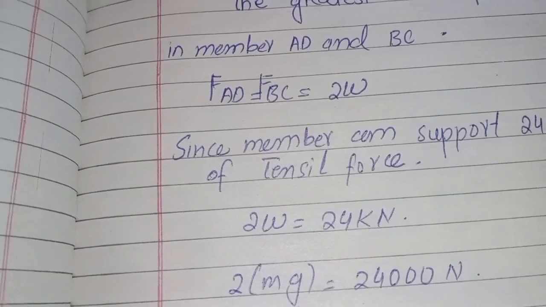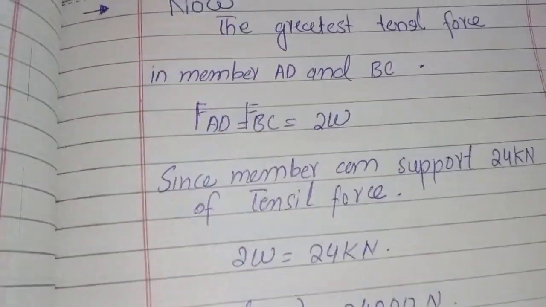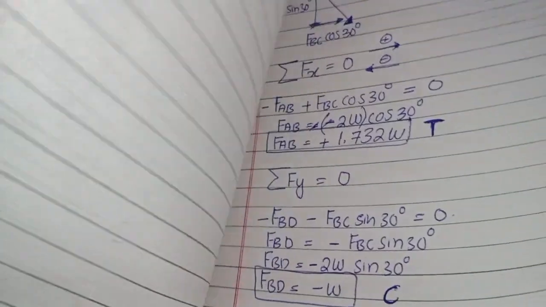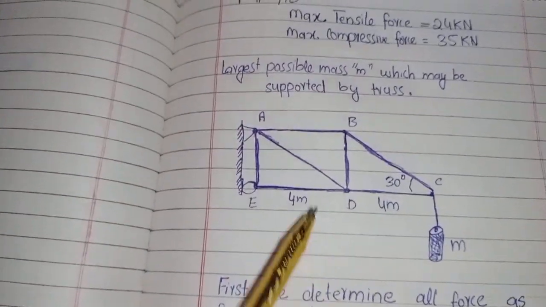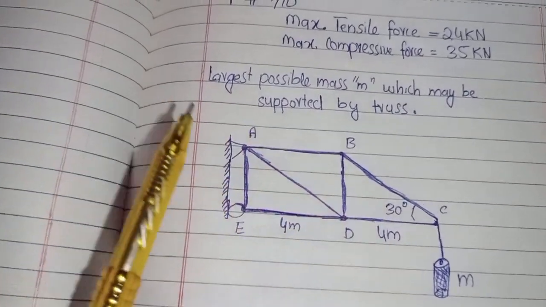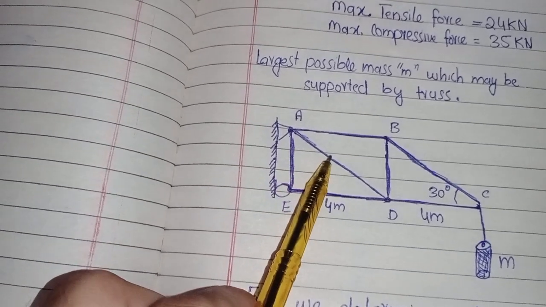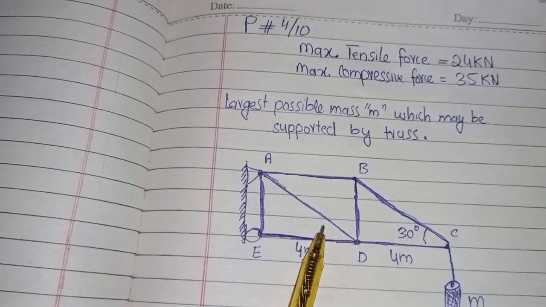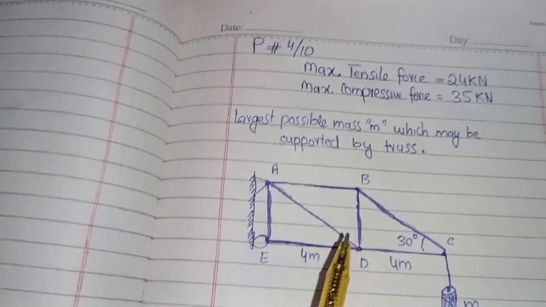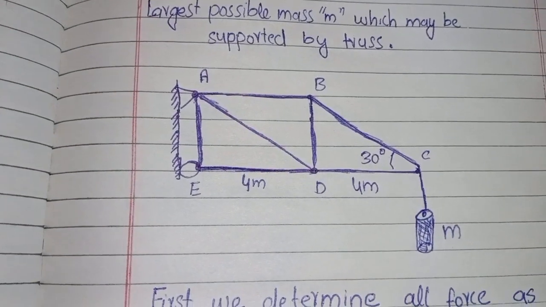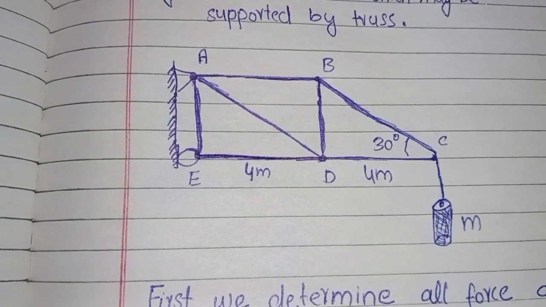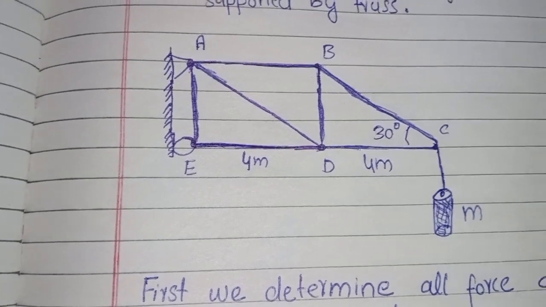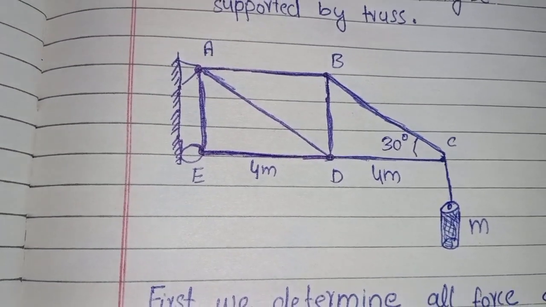Okay, so the given data is that this whole truss's members can only support 24 kilonewton of tensile force, and can support 35 kilonewton of compressive force. It means that if we go beyond 24 kilonewton, it will fail.